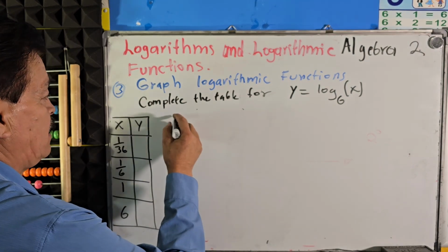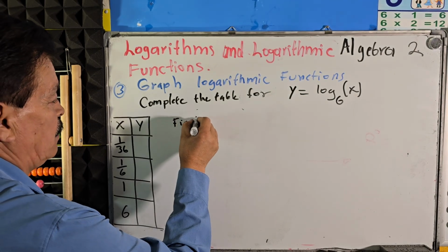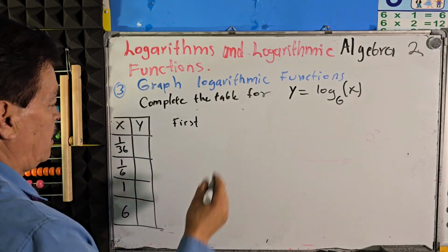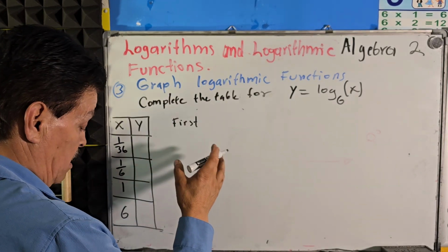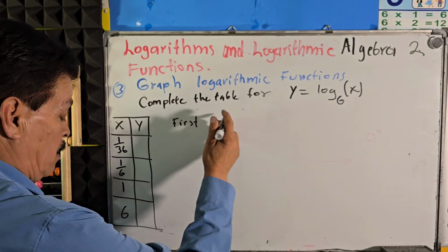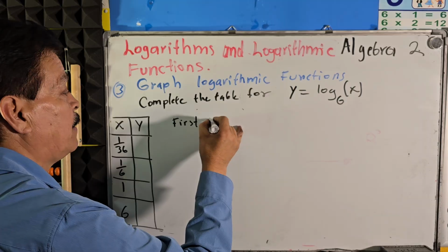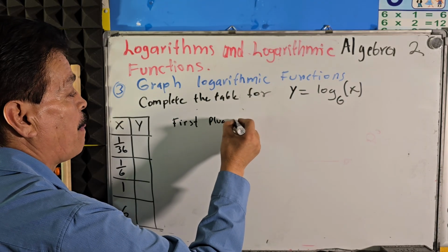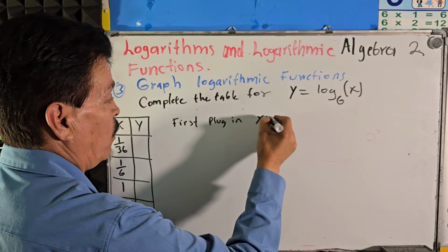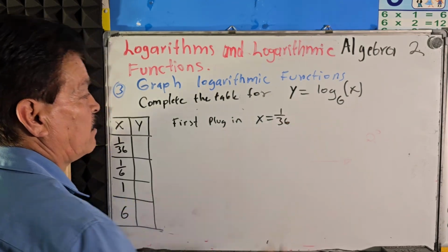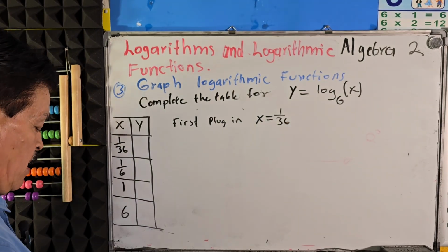So first, let's do the first step. Hopefully, I will not make a mistake in this. So plug it in. We have to plug in x. First one equals 1/36. So it's the first one.